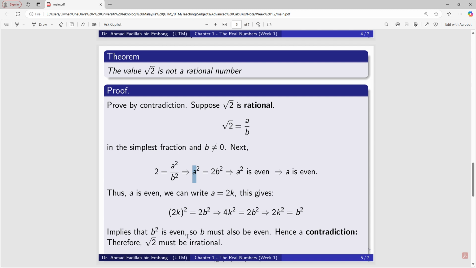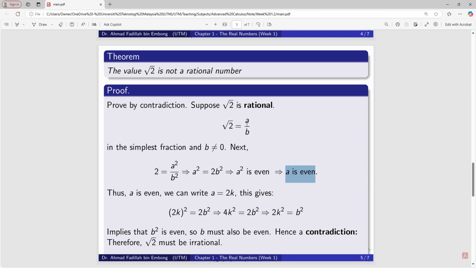The answer is that we found here b is even, right? If you recall, previously we know that a is also an even number. So b is an even number, and a is also an even number.